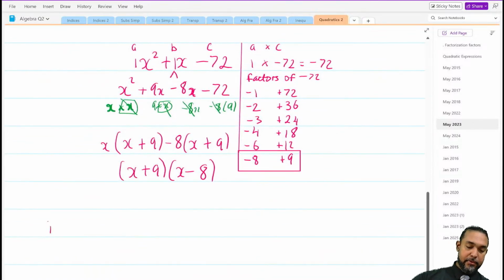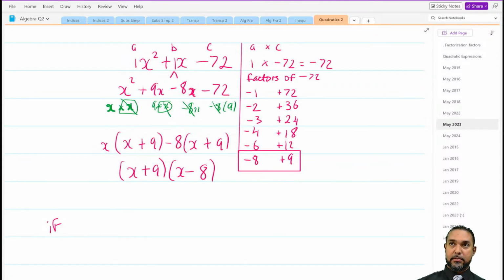So x minus 8 and x plus 9? If your minus is the bigger one, it means that this would be negative. But you had the right numbers, 8 and 9, right?